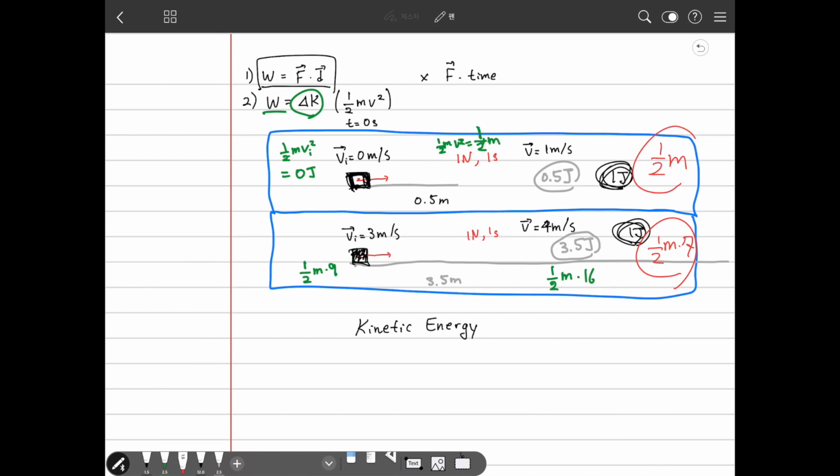And this proves that just because the black block was faster than the white block, and it went a larger distance, the change in kinetic energy, or work, is greater. And you might be like, whoa, I don't understand. And that is all because the equation for kinetic energy is 1/2 mv squared.